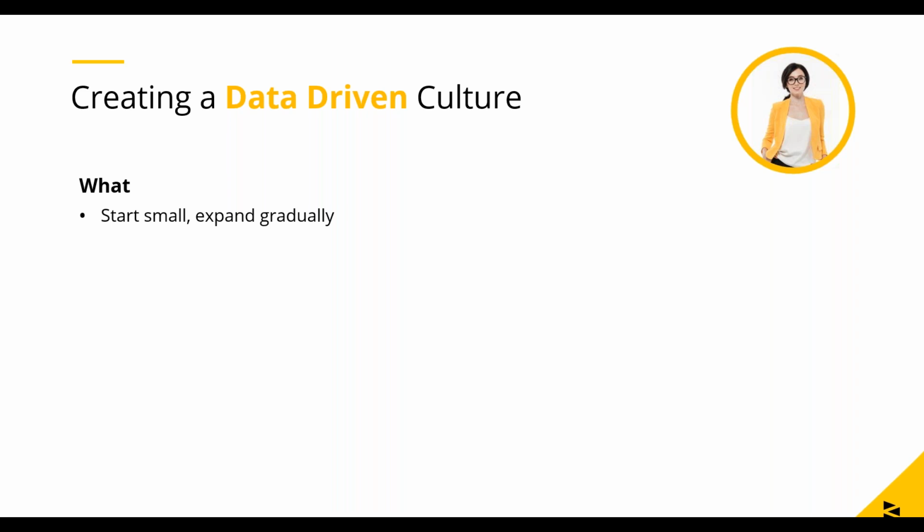You just need to pick a department or a business area where you know that they are interested or that you feel they do work with specific KPIs, and start with them, and then expand gradually. The second advice is to have clear KPIs for each department.